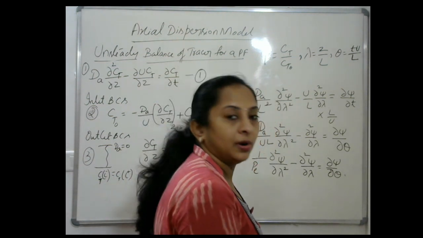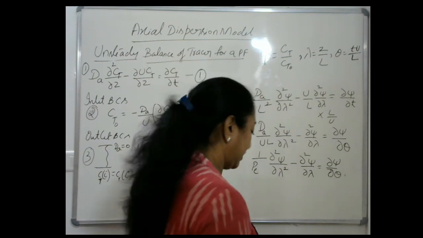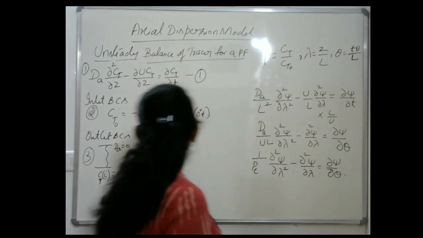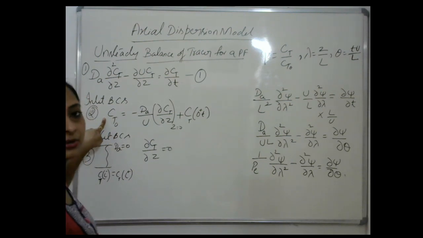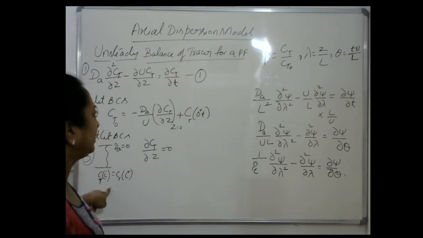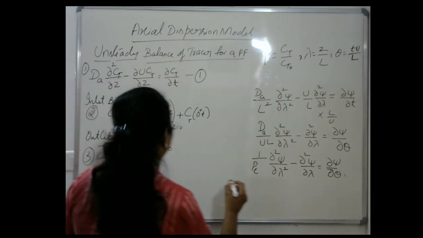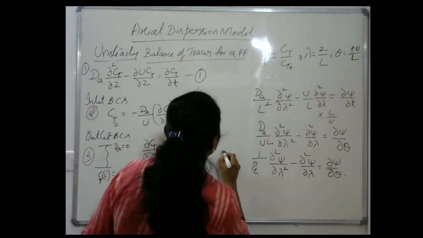Okay. Now, how do we get the dimensionless forms of the boundary conditions in terms of Peclet number? This is your main differential equation.